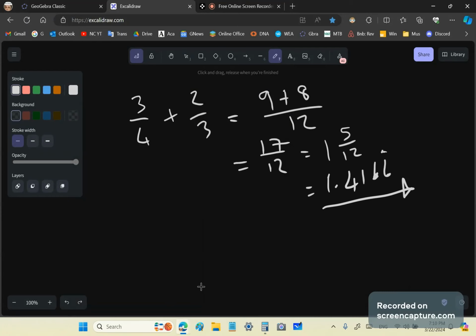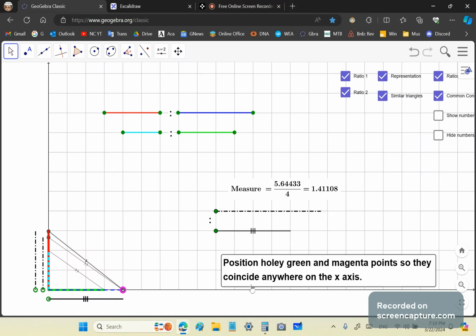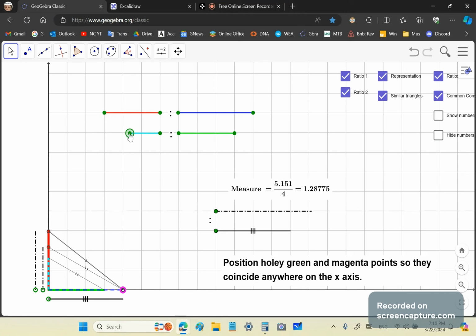Now, that's the answer that we got there, isn't it? Approximately. Let's just make sure these are on the right spot here. And if they are, it's probably this one that's a little bit out of sync. Yeah, there you go. So we see that we performed the measure, which is this ratio here.